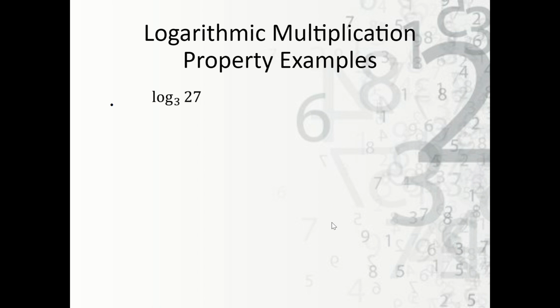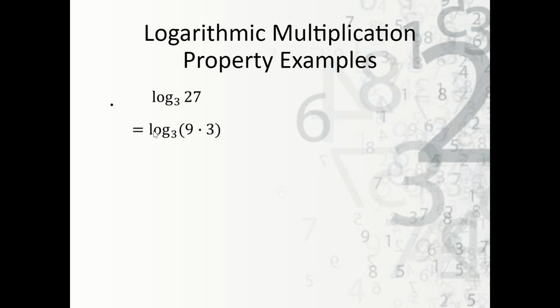So let's look at log base 3 of 27. Now we could do this easily and say that 3 to the 3rd power is equal to 27, so it's equal to 3. But let's say we don't know that. Let's say 27 is too big of a number and we need to break it up a little bit. So we can rewrite this as log base 3 of 9 times 3, because 27 is equal to 9 times 3.